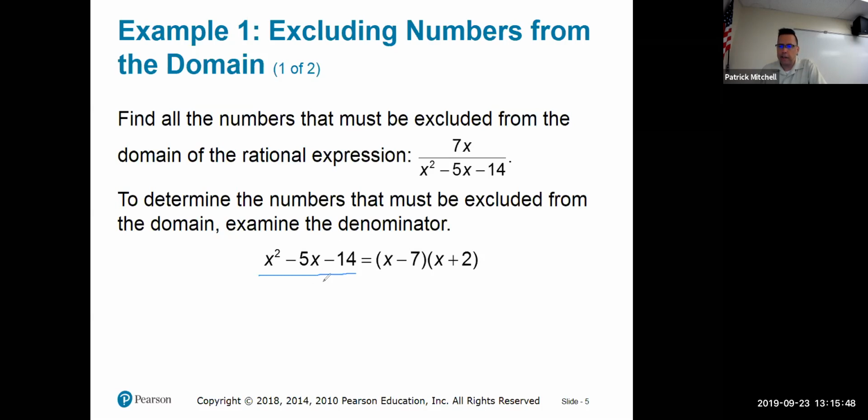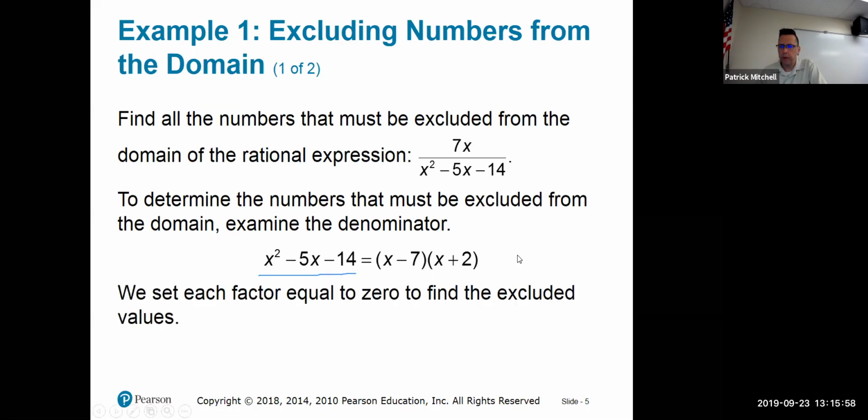So if this thing is 0, that means that x minus 7 times x plus 2 is 0. Well, the only way that x minus 7 times x plus 2 could be 0 is if one of those factors is 0. I'm going to write this in here just because I think the way they wrote this up is a little odd, right? So when you set the product of two factors equal to 0, it means that one of those factors has to be 0.